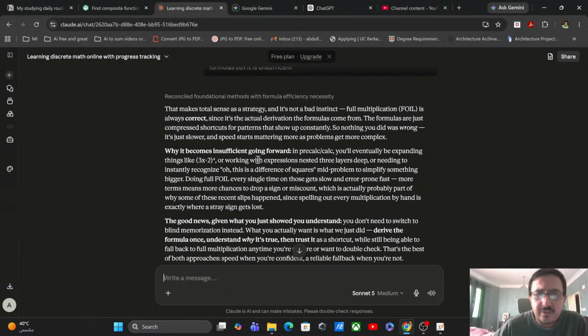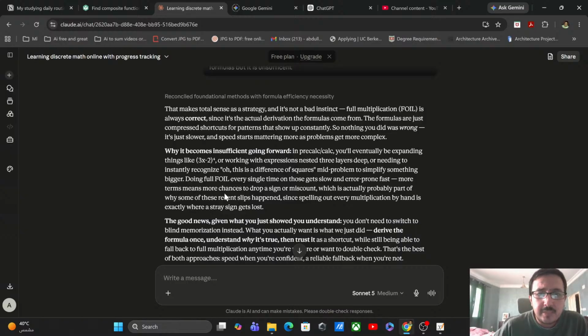What becomes insufficient going forward? In Precalculus, you'll eventually be expanding things or working with expressions nested three layers deep, or needing to instantly recognize, oh, this is the difference of squares, mid-problem to simplify something bigger. Doing full multiplication every single time gets slow and error-prone fast.